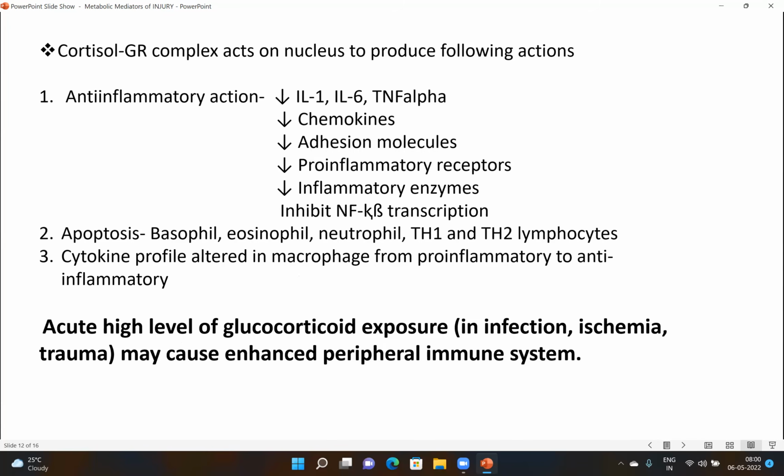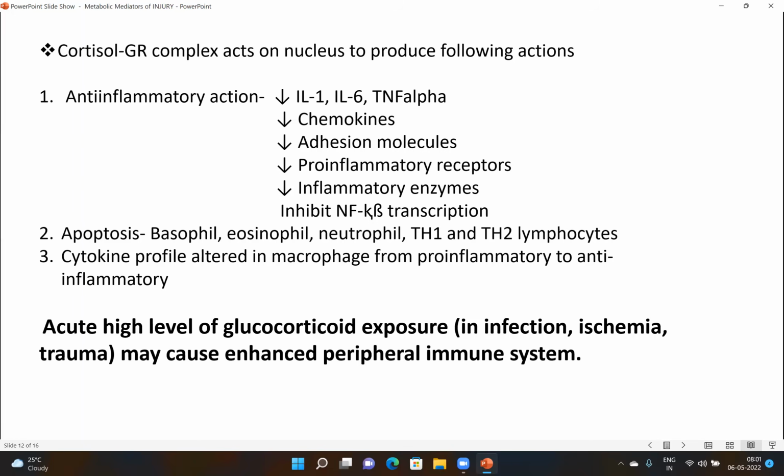Chemokines decrease, adhesion molecules decrease, pro-inflammatory receptors and inflammatory enzymes are decreased, and it also inhibits NF-kappa-B transcription. It leads to apoptosis of the basophil, eosinophil, neutrophil, Th1 and Th2 lymphocytes. Cytokine profile is altered in macrophages from pro-inflammatory to anti-inflammatory state. So overall, cortisol glucocorticoid receptor reduces the inflammatory response.